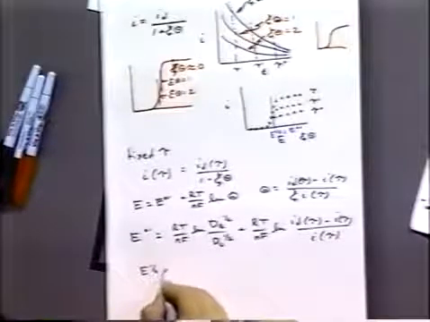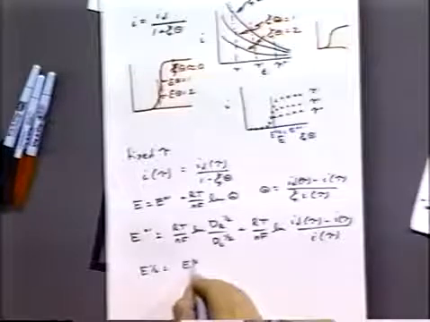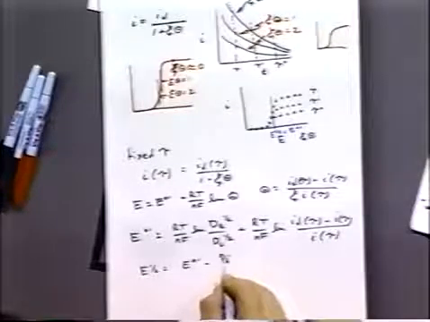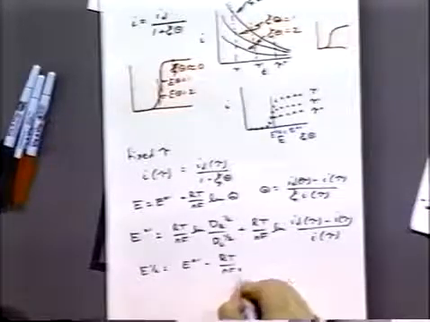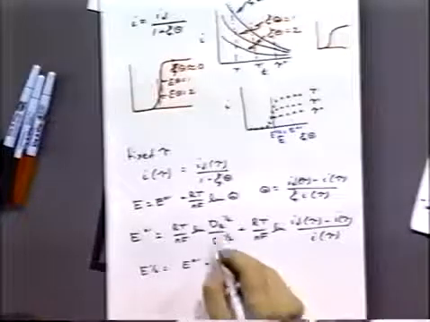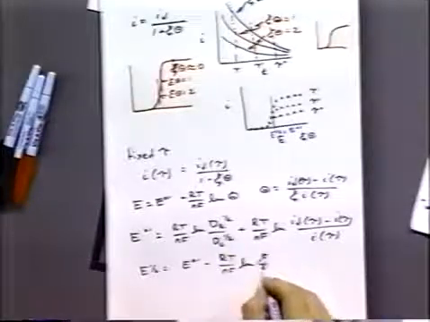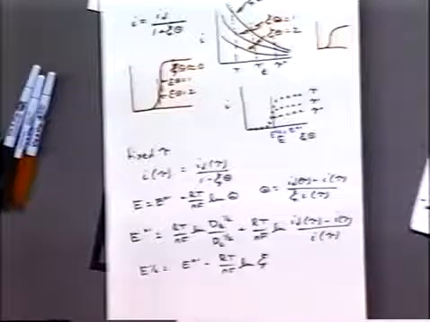E1/2 is equal to E0 prime minus RT over NF natural log of this term here, or again using the squiggly E term like so.